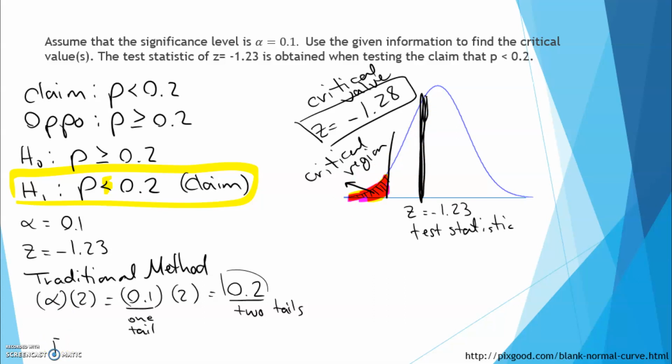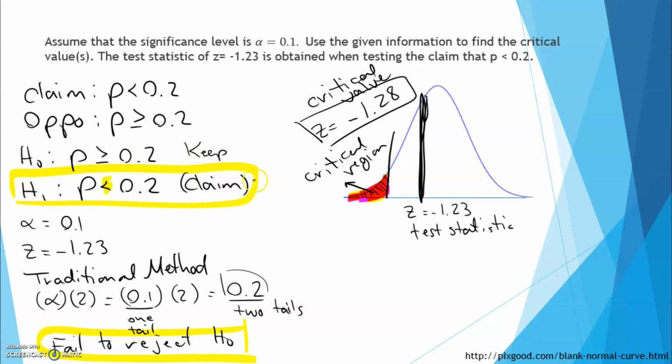So we can say fail to reject H sub 0. Okay, so since I've got fail to reject H sub 0, I'm keeping it. The claim is H sub 1, so what I'm saying is I'm keeping H sub 0, but I'm rejecting H sub 1, which means I'm rejecting the claim.